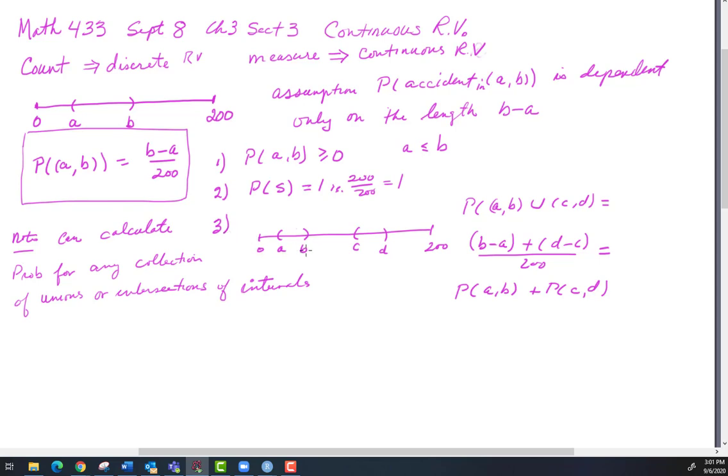But if they overlap, we can write them like this. If this is an interval A, and this is an interval B, that can be expressed as A without B union A intersect B union B without A.